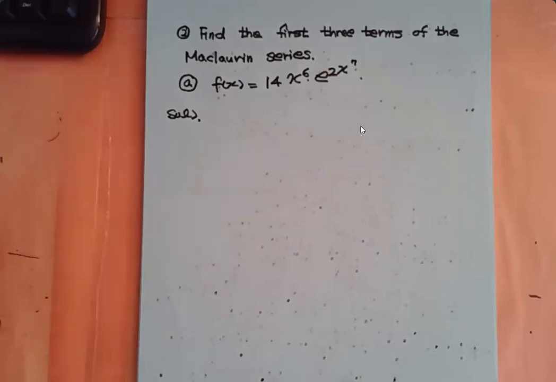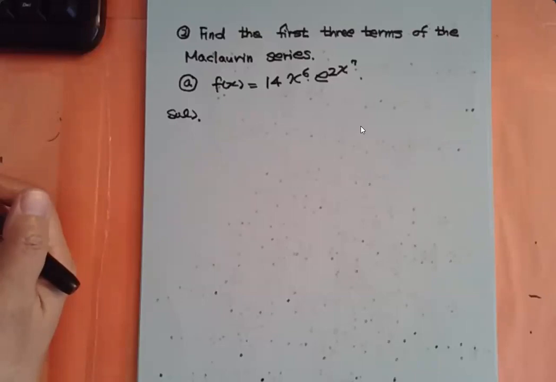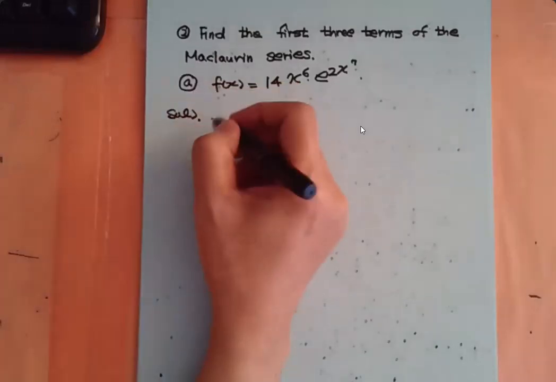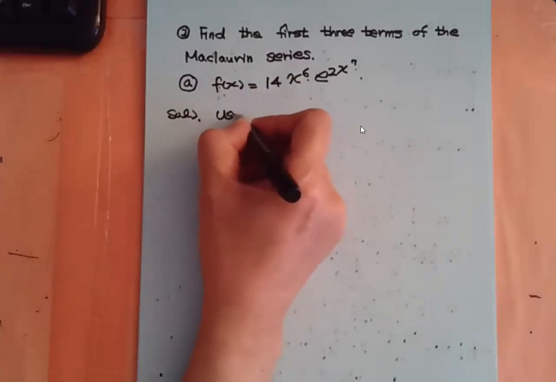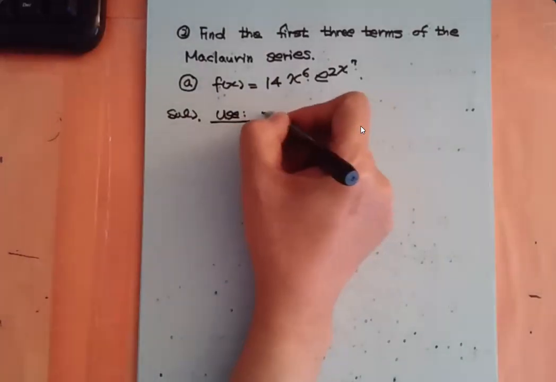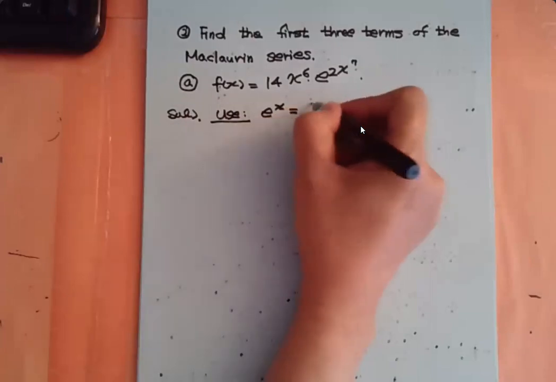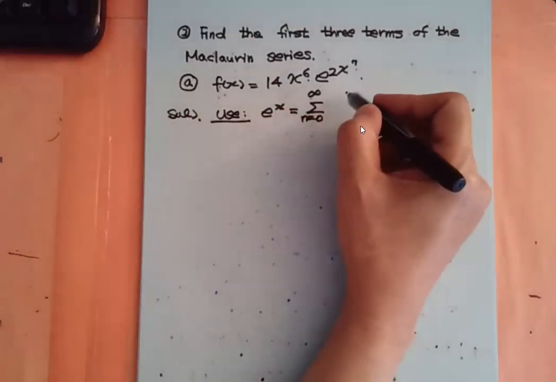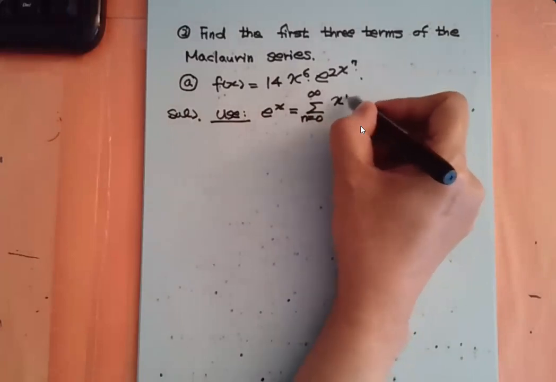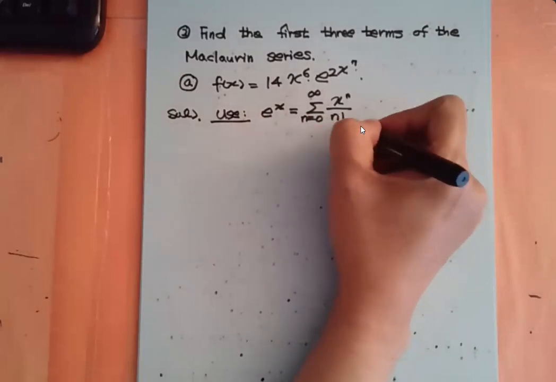For this particular problem, I believe if you just use e to the x equals summation n equals 0 to infinity x to the nth power over n factorial.